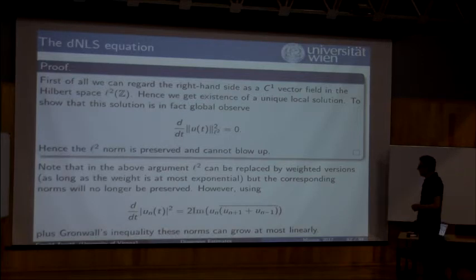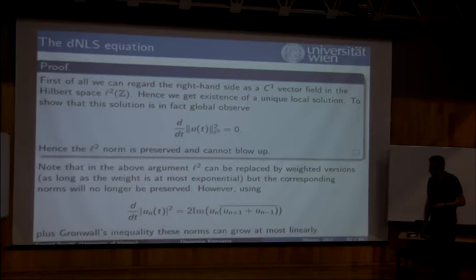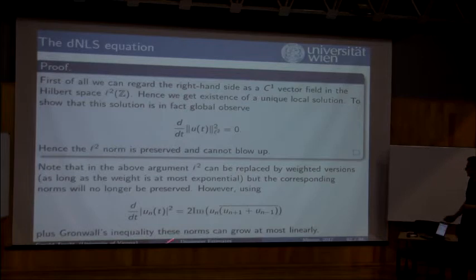Okay, I also briefly mention you could replace L2 by some other spaces. You could replace this by some weighted spaces, and you will more or less get the same result. Of course, then you do no longer have conservation of the corresponding norm, but things don't go too wrong. For example, I mentioned something here.